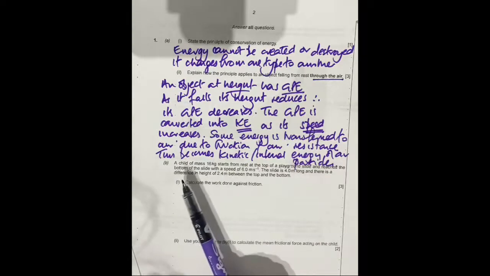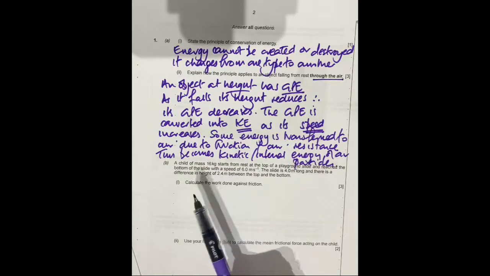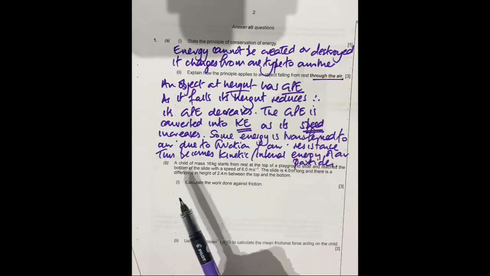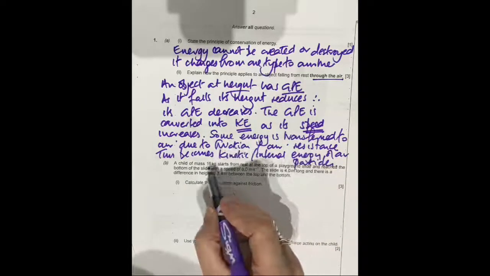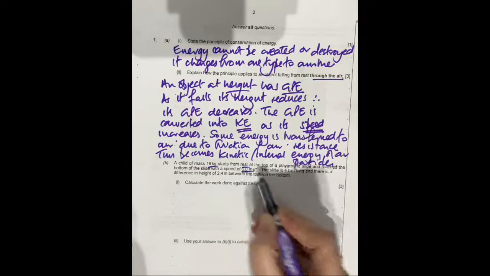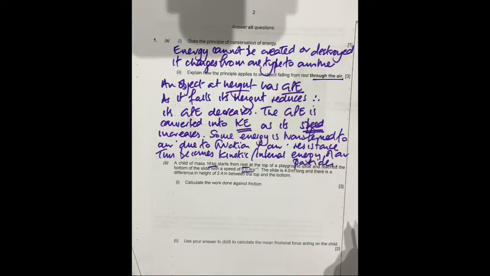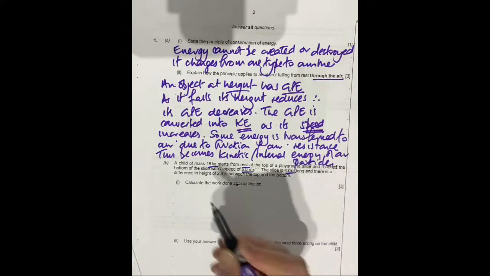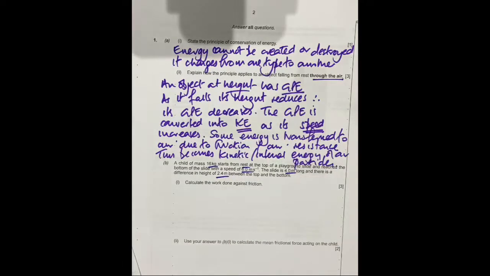Next bit. A child of mass 16 kilograms starts from rest at the top of a slide and reaches the bottom with a speed of 6. The slide is 4 meters long and there is a difference in height of 2 meters between the top and the bottom.